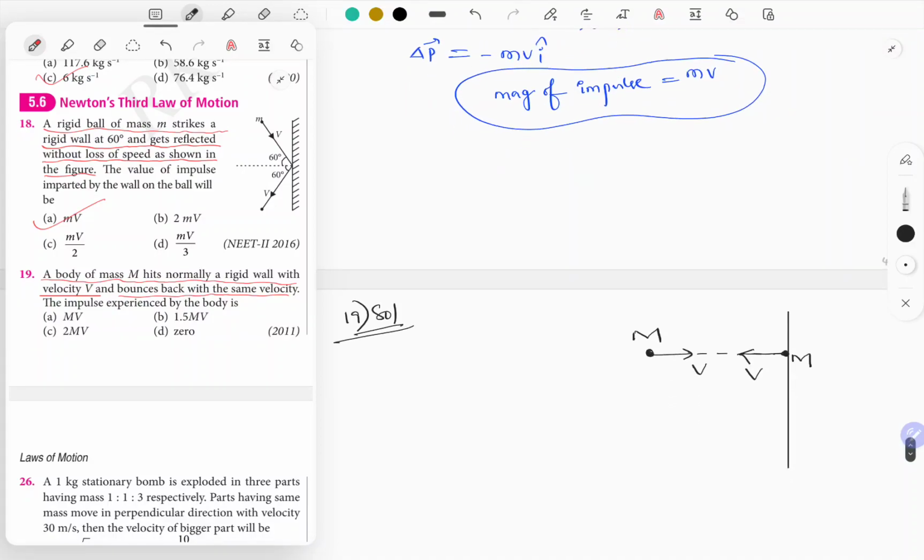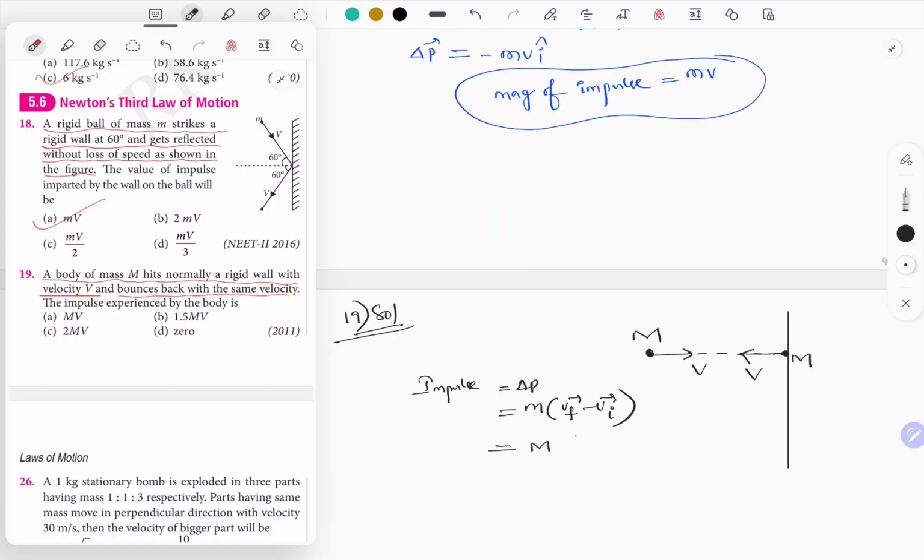The impulse experienced by the body, they are asking. Impulse is nothing but change in momentum, which is mass into final velocity minus initial velocity. Whenever you observe this kind of question, most students answer: initial is v, final is minus v, so the answer is 0. Don't think like that, because we need to find impulse, that is final velocity minus initial velocity.